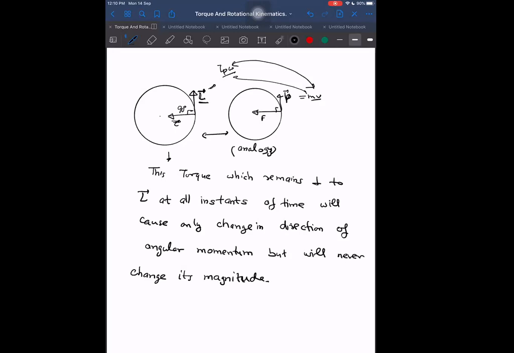But in that case, first of all, we have to be careful that here I said that this should happen at all instants of time. So that point should be at all instants of time the axis of rotation, and if it is the axis of rotation at all instants of time, then that is now a fixed axis of rotation only, right or not?